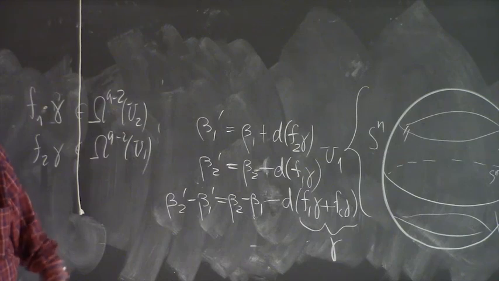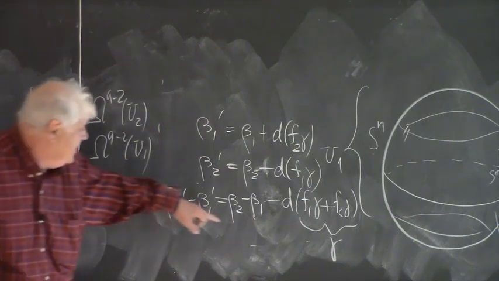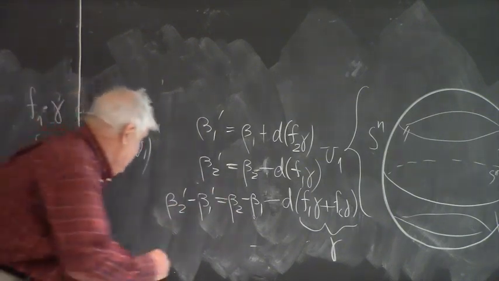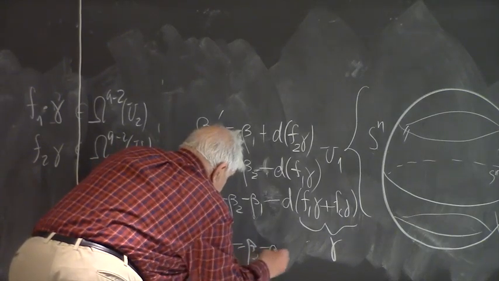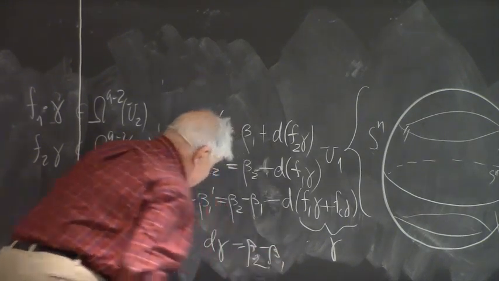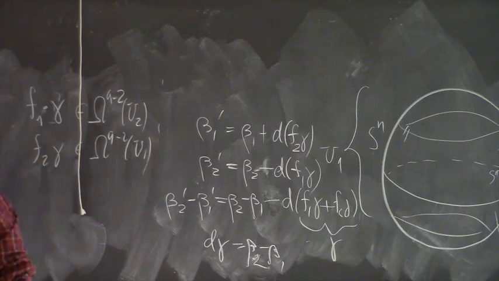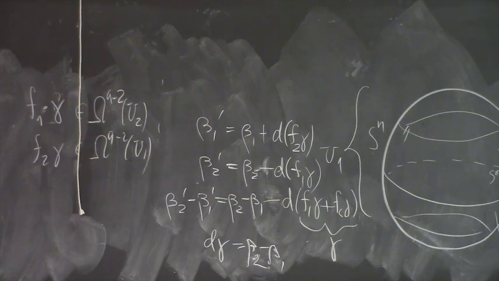Right? And the gamma is precisely this, where it is defined in u1 and in section u2. So this new difference, beta 2 prime minus beta 1 prime, is 0 on the intersection.